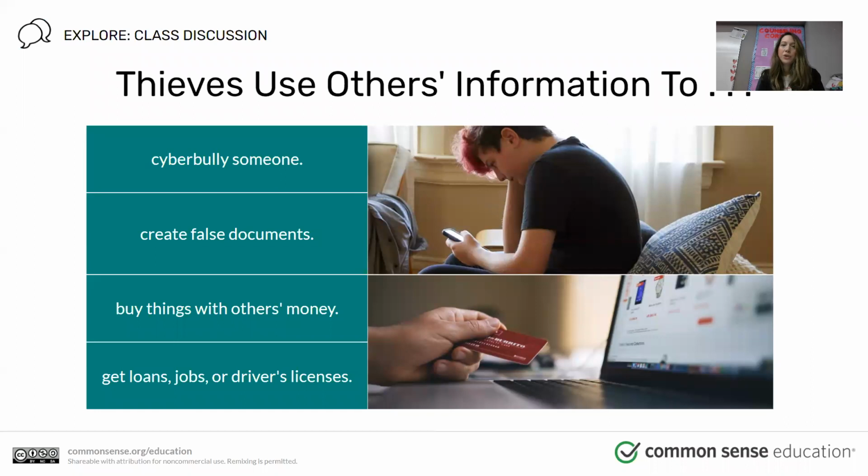So thieves use others' information. What do they use it for? Well, they could use it to cyberbully someone. If somebody knows enough about a kid in their class, the damage they could do to somebody on the internet can be pretty crazy. I've had a few friends in the past who've had their Facebook accounts hacked into, and people would impersonate them and send messages to other people pretending to be them.